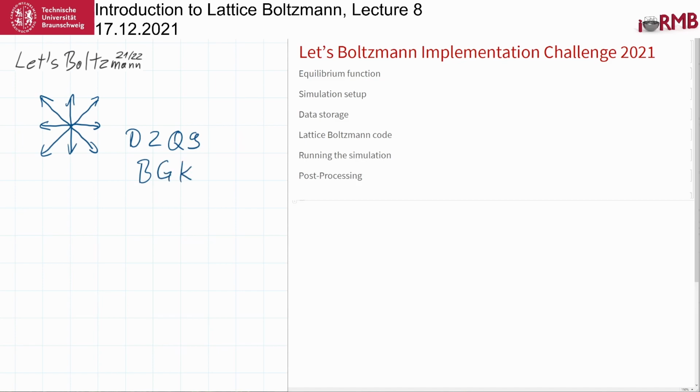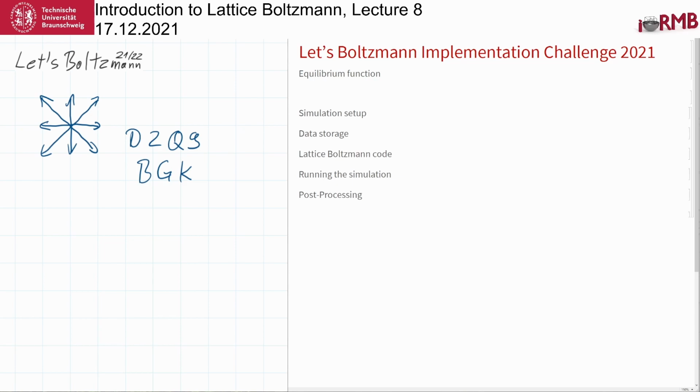Yeah, this first leads us to the problem that we have to get our equilibrium function. So of course we derived our equilibrium function already during the lecture, and we could now just type it, but we do it the way we did it in the lecture.